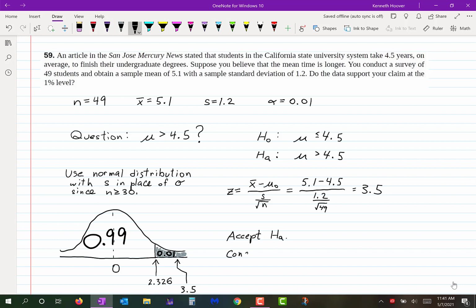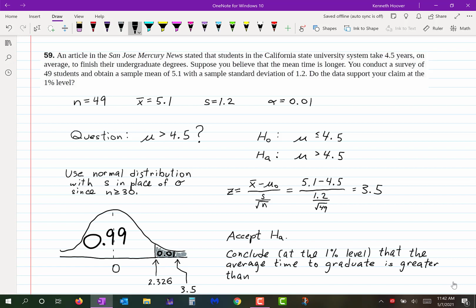We conclude at the 1% level that the average time to graduate is greater than 4.5 years.